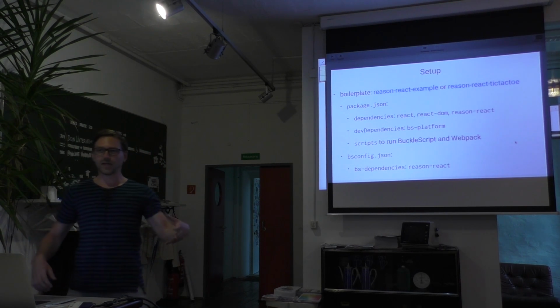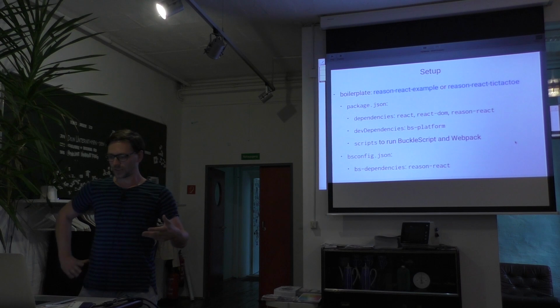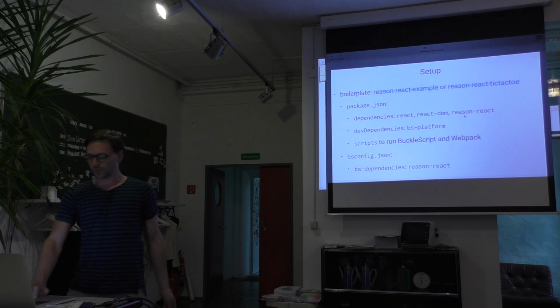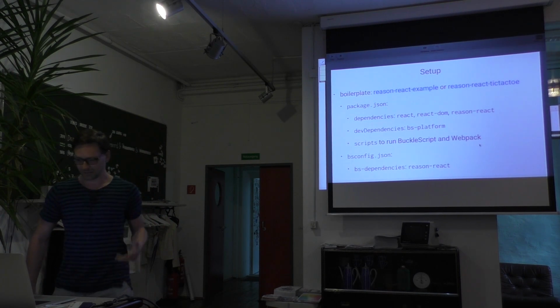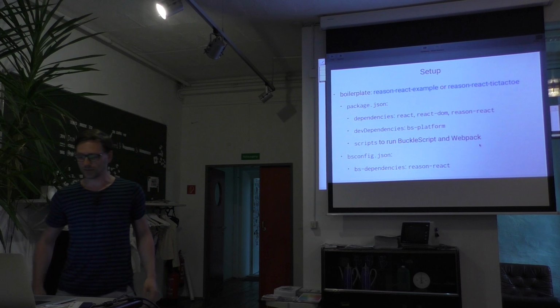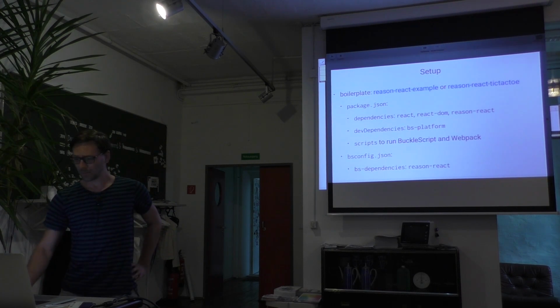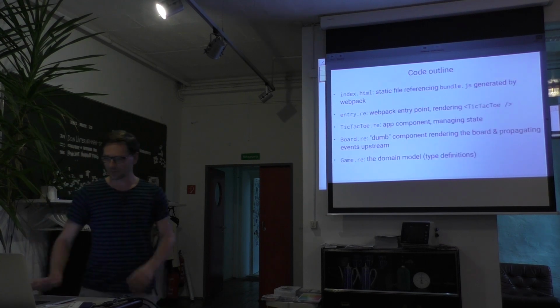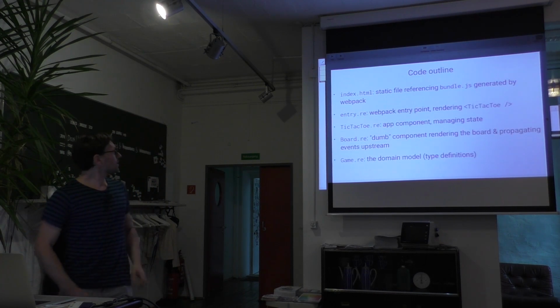So we'll see how we address Reason React in our Reason code, but the way we installed it is just through npm, and the reason this works is because we declared it in the BS dependencies, basically. All right, so that's sort of the general setup and some of the magic that happens behind the scenes.